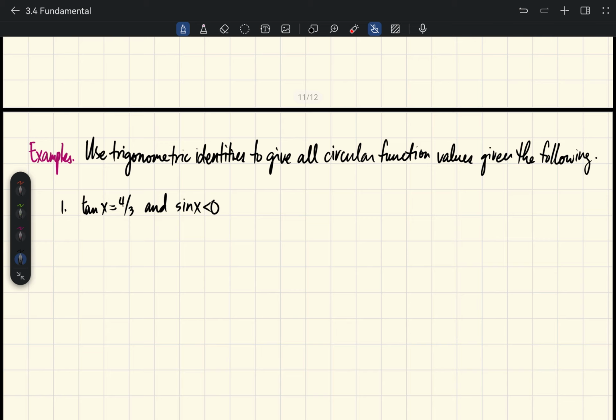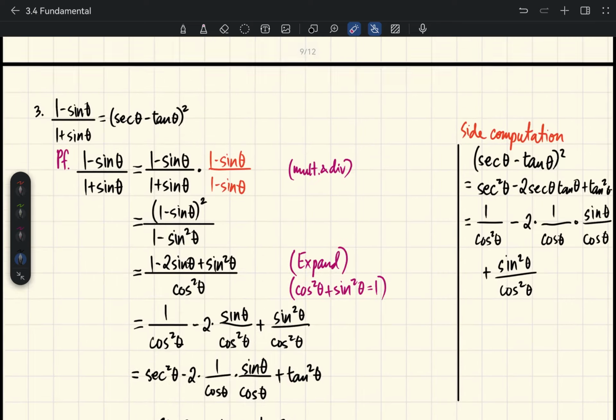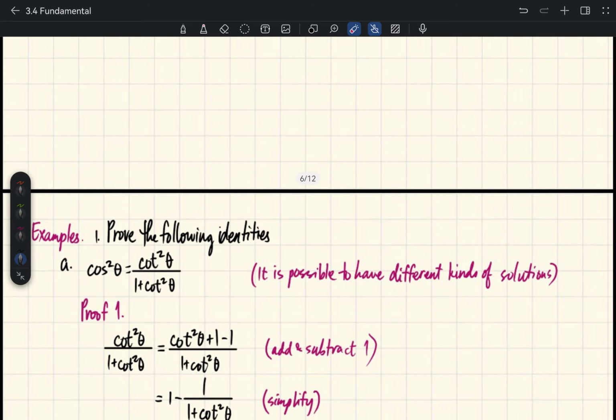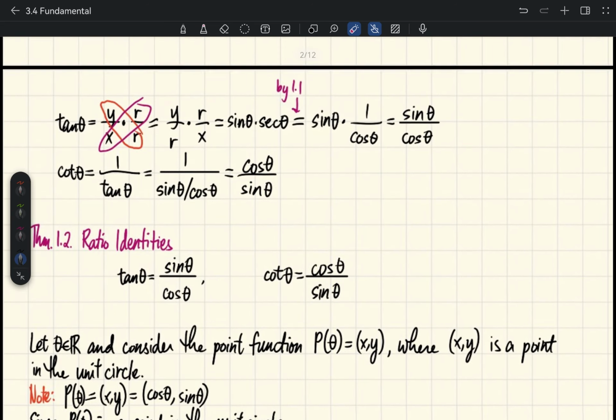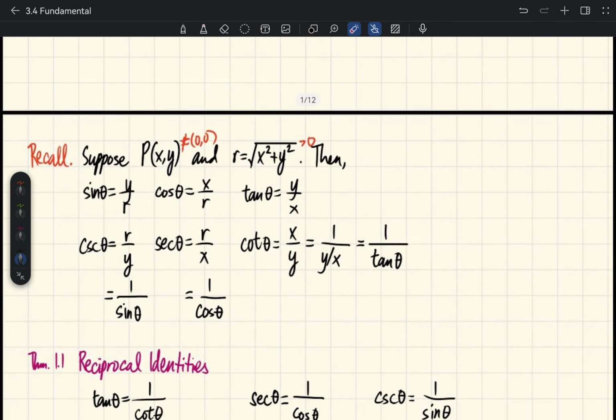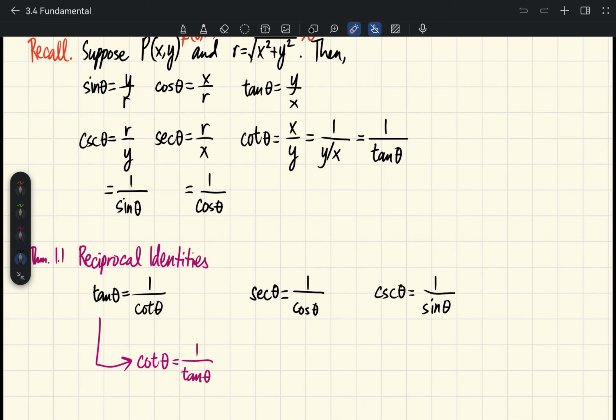So first and foremost, what can we do? Right here, you're given tangent x. So one of the more obvious things to find here, if we will go back to our identities, let's start with the reciprocal identities.